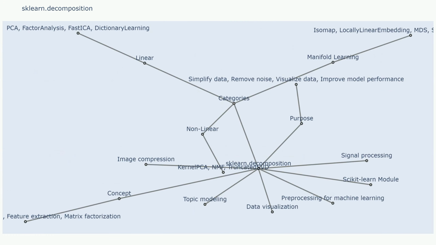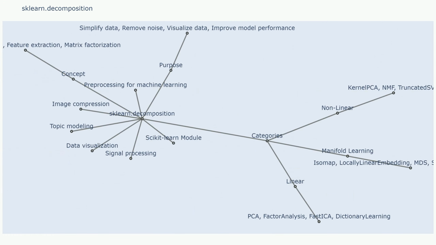Choosing the right method. The choice of decomposition method depends on the nature of the data and the specific goal. PCA, a good starting point for many tasks, particularly when seeking a linear, variance-maximizing representation. NMF, ideal for non-negative data and scenarios where interpretable parts-based representations are desired.